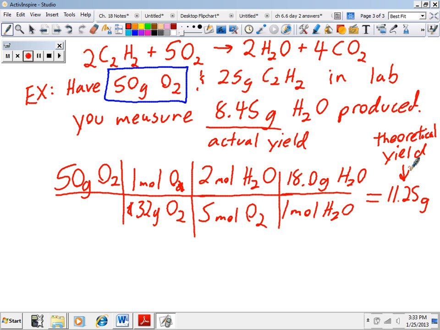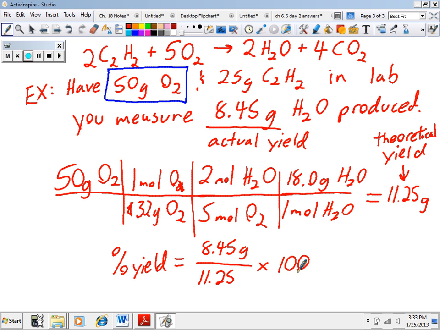So let's calculate the percent yield. And again, remember, it was actual yield, which was 8.45 grams, divided by the theoretical yield, 11.25, times 100. Throwing that into the calculator, we get 75.1%.